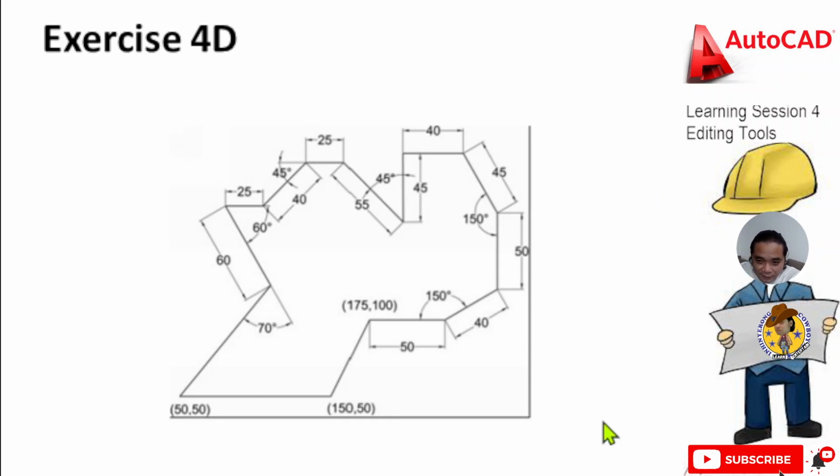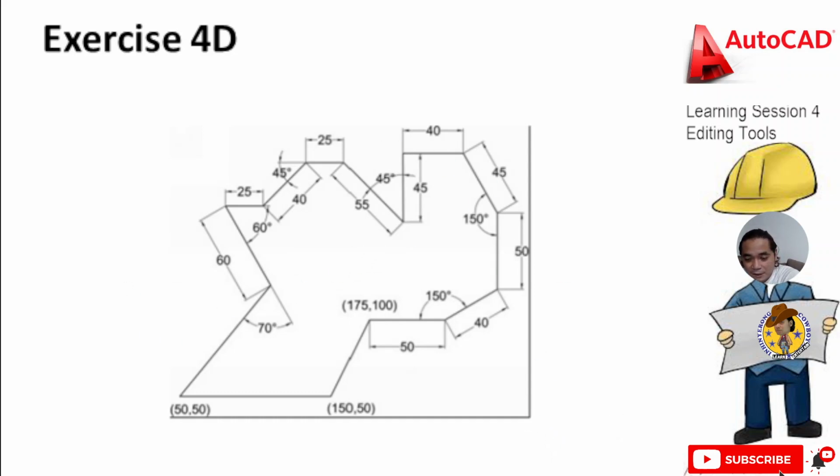So it's complex when you observe, but I think it is more doable than the other because it only uses lines and angles. So you already know that one from our previous learning sessions on how to use lines and angles in drawings. Okay, so I think this is not hard for you.